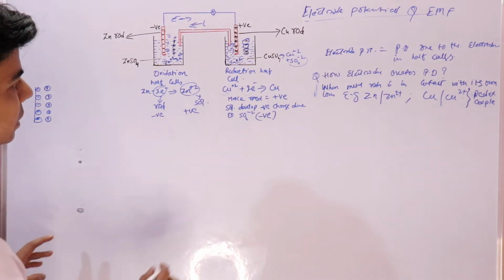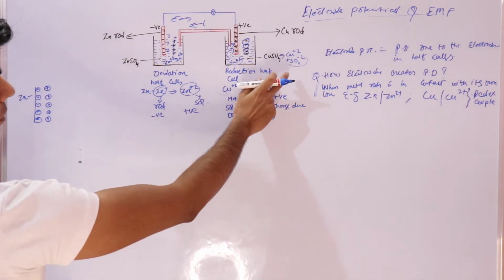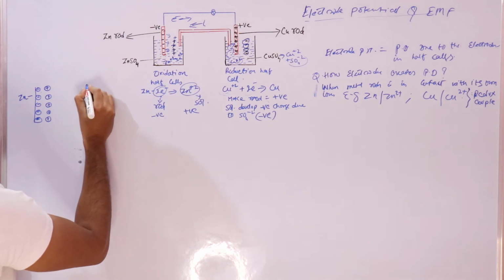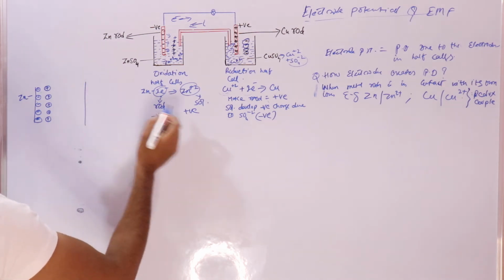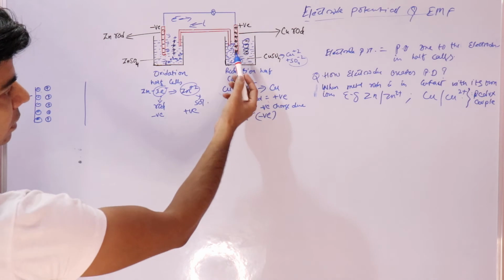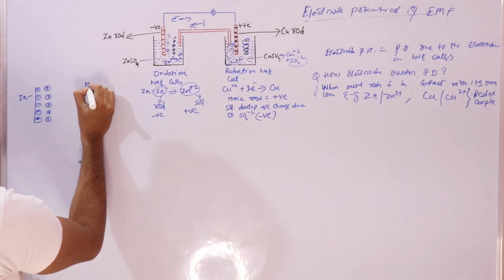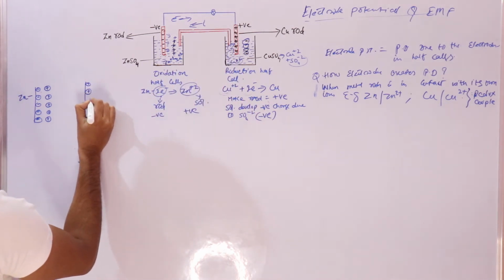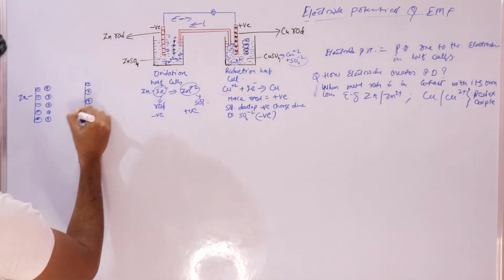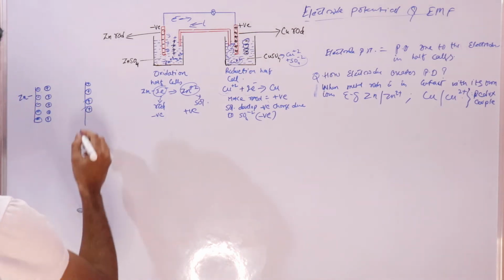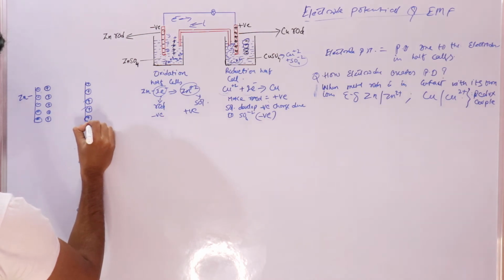So similarly, if we talk about the reduction half cell, this is the copper electrode. We already discussed that the copper rod will become positive because copper ions are taking electrons, and due to deficiency of electrons the copper rod will become positive, right?